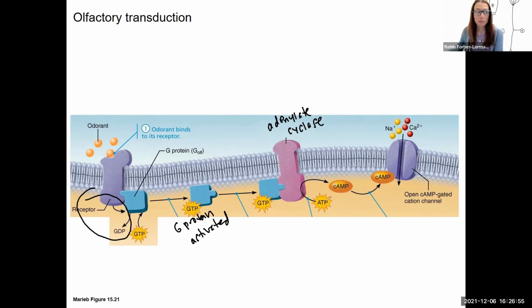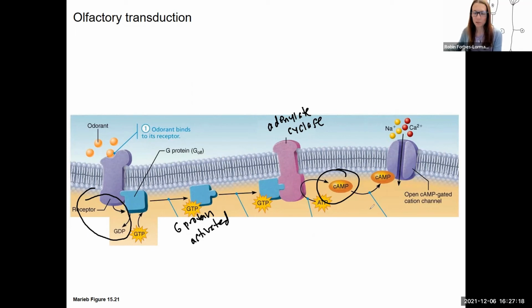Adenylate cyclase converts ATP to cAMP, right? So we have cAMP, our second messenger. One of the effects of cAMP, and the main one for this olfactory pathway, is to open cAMP-gated cation channels, cAMP-gated sodium and calcium channels.